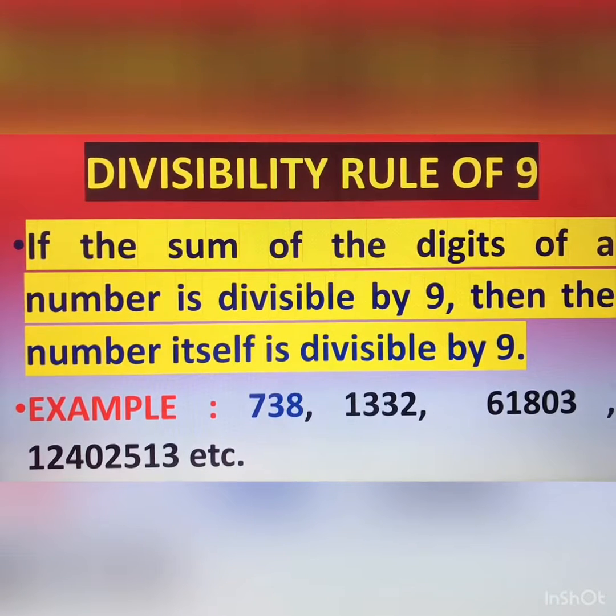Similarly, 1332 is divisible by 9, and 61,803 is also divisible by 9. And now this is the largest number, you can check, this is also divisible by 9. Why?